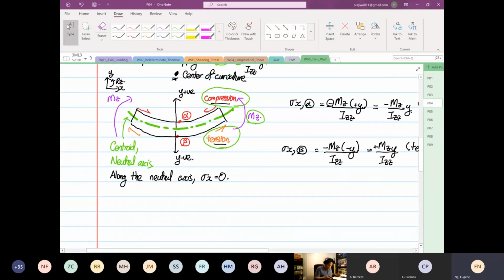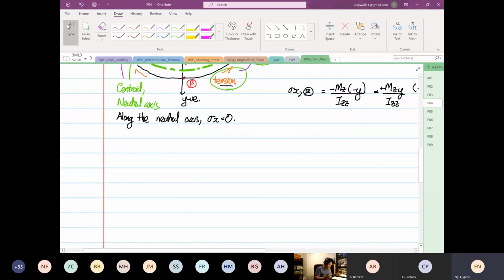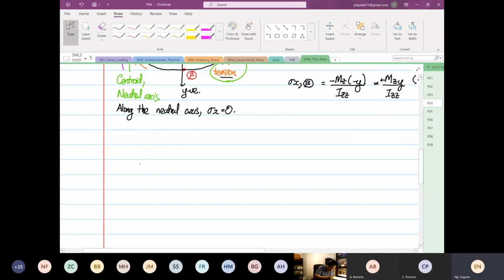Now, I'm going to throw this out another way. Now, if your deformed structure looks like this, let me draw this properly. Your structure deformed like this now, and then this is your neutral axis.